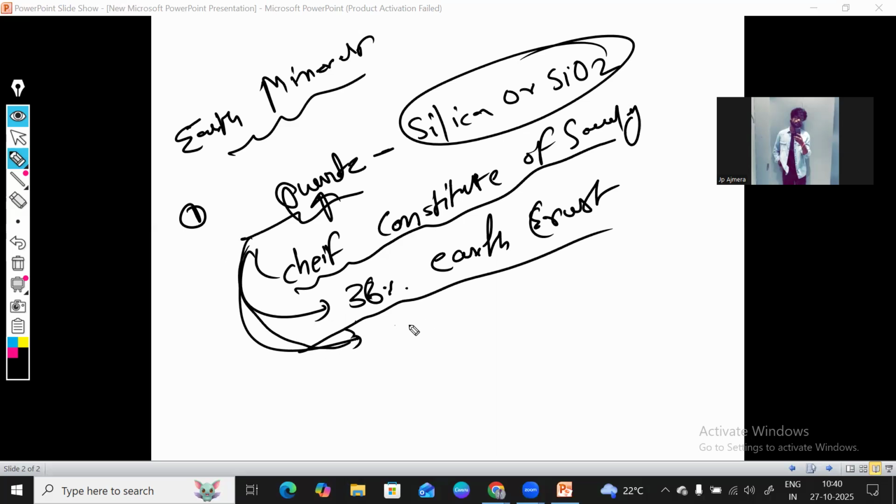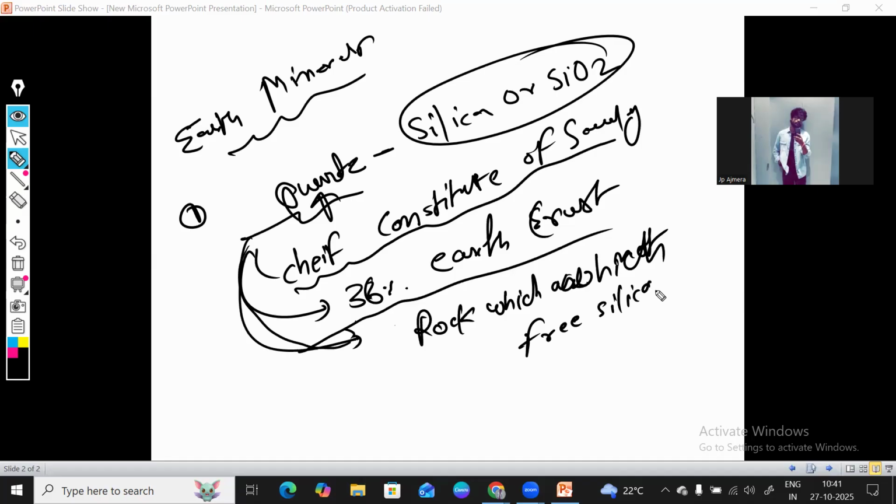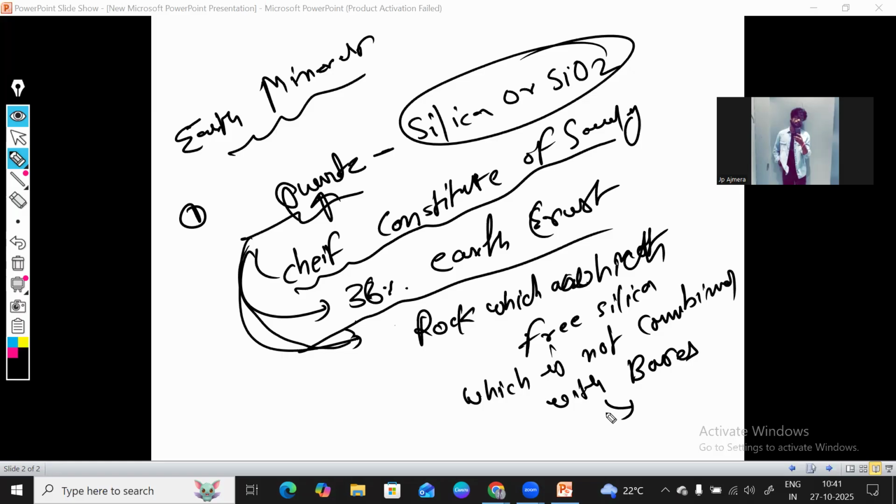Rocks which have free silica, which is not combined with the bases, are known as acid rocks.